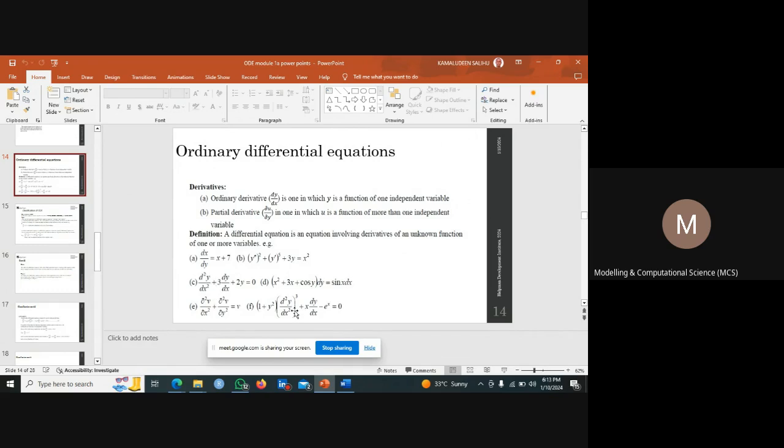That is also the difference between the two. When you are checking for order, you only focus on the derivative. When you are checking for the degree, you go to the highest derivative and check its power.